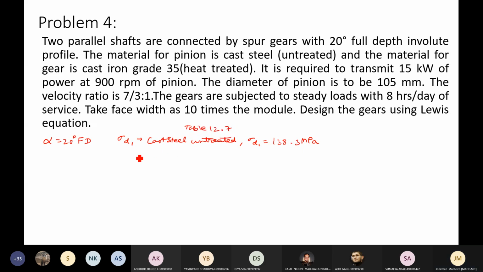You can check them out in table 12.7. And the material for gear is cast iron grade 35 heat treated. So sigma D2 value will be, for grade 35, 78.5.